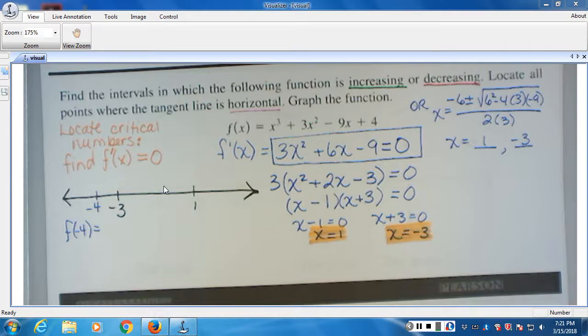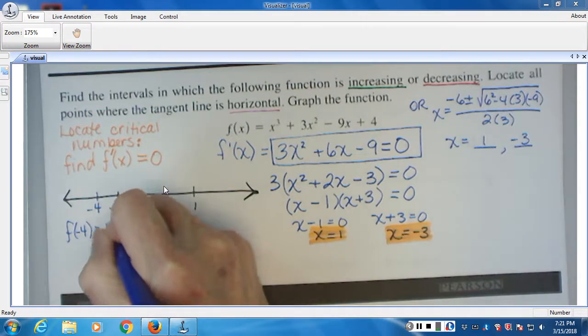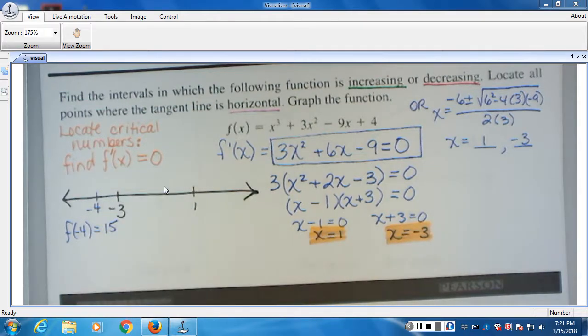I heard somebody say 15. Positive 15? Okay. Now, believe it or not, it's not the fact that it's 15 that's important. It's the fact that it's positive. That's what I was interested in.